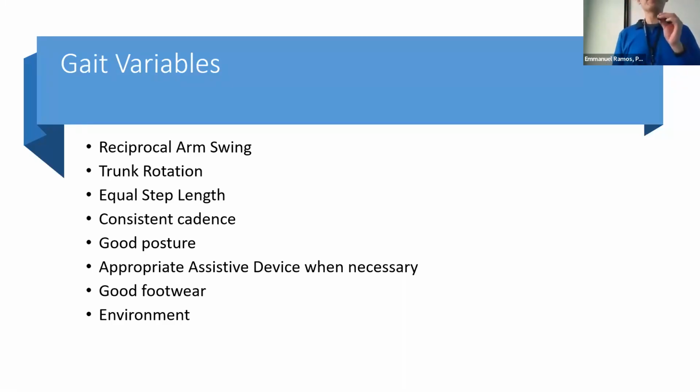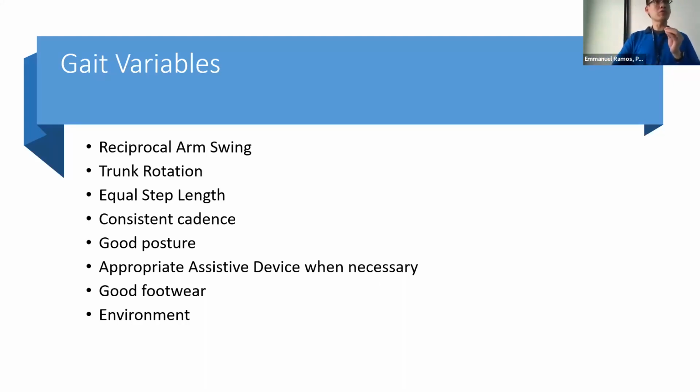Usually when people have knee pain or hip pain, they don't want to put too much weight on the leg that's affected, so they don't have an equal step length. Consistent cadence, all right? Again, people who have Parkinson's disease tend to shuffle in the beginning, and after they get over the hump of the movement, they start slowly with their normal pace of walking.